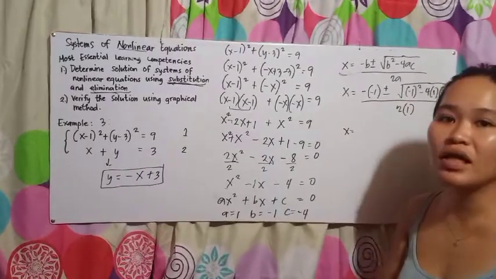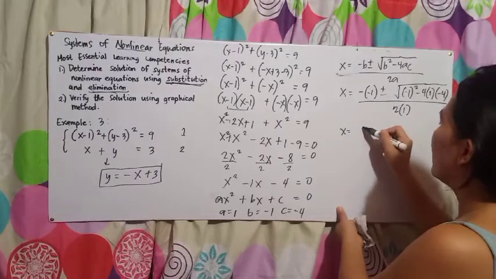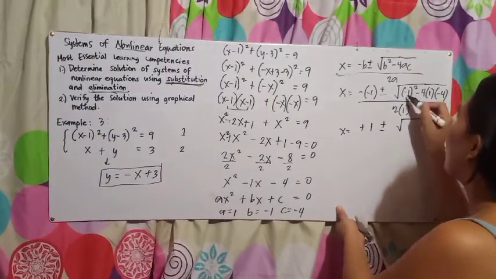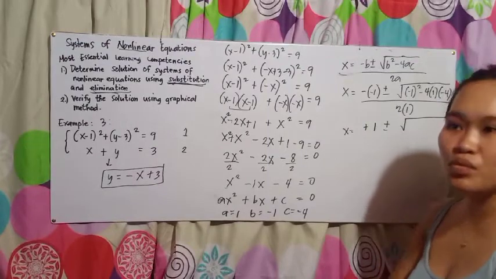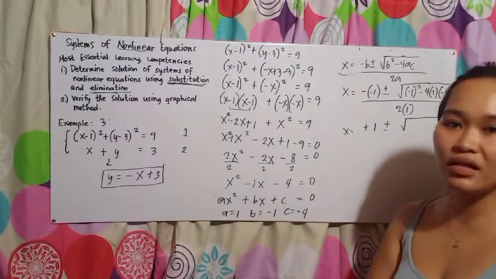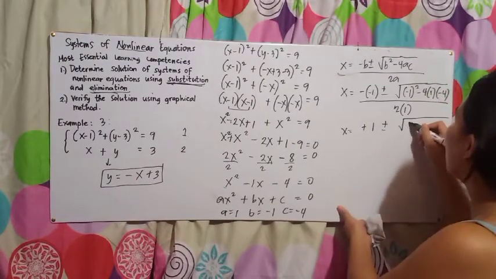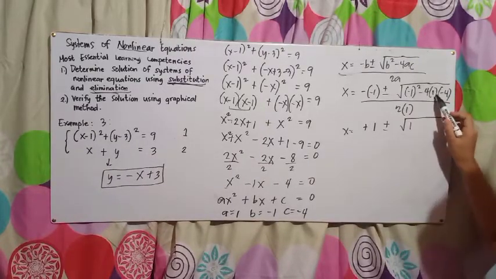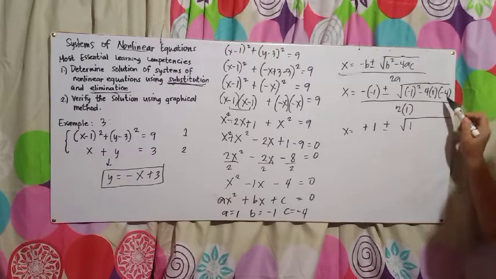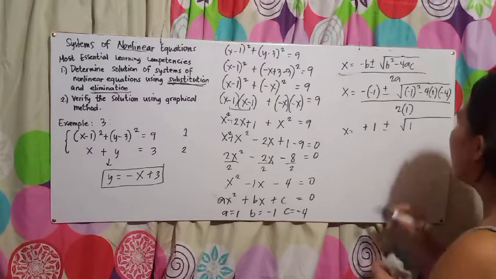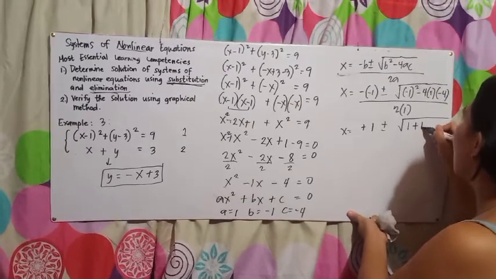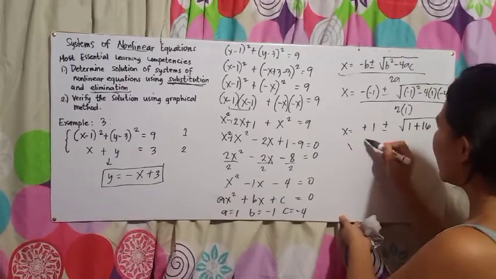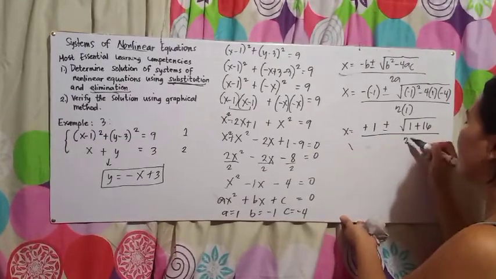So, negative times negative is positive. So, positive 1. So, 1 squared, 1 times 1, negative 1 times negative 1 is positive 1. So, negative 4 times 1 is negative 4. Negative 4 times negative 4 is positive 16. Over 2.